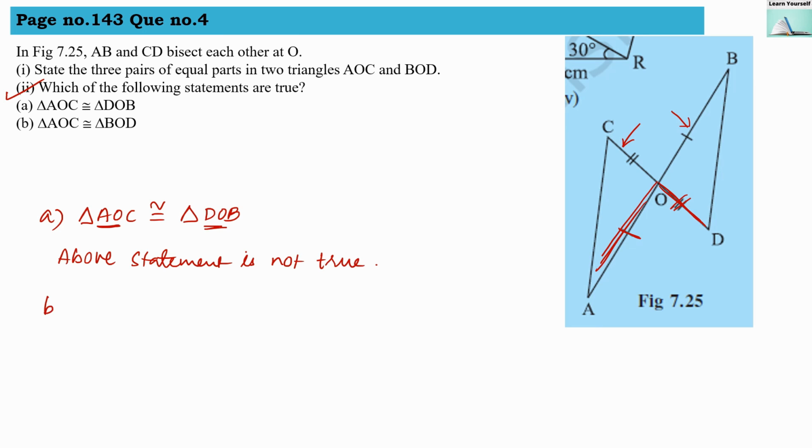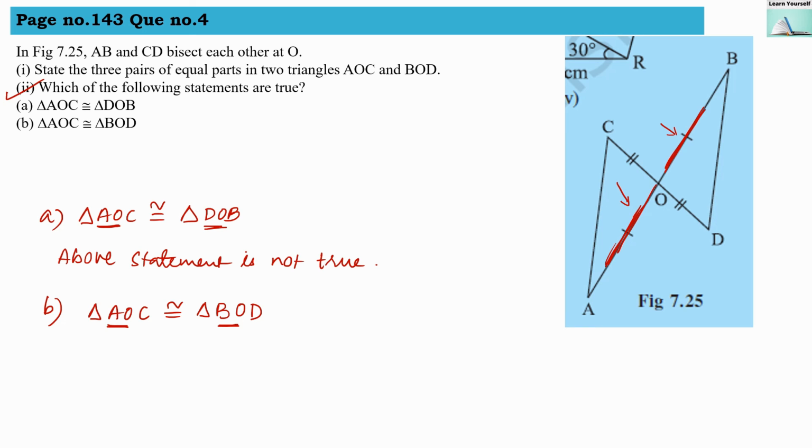Now the second, triangle AOC is congruent to BOD. Let us check the side AO is congruent to BO. So AO is here and BO is here. So yes, they both are in complete congruence with each other.